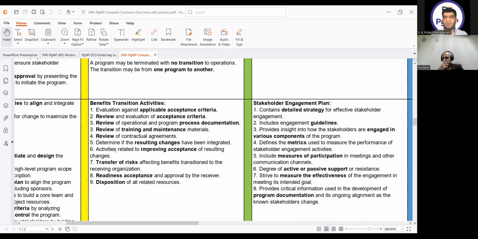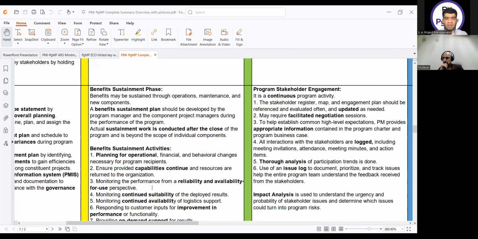So they're talking about the review of things when you are going to hand over to operations: readiness, acceptance, and approval by the receiver, and disposition of all related resources. This is the transition phase.